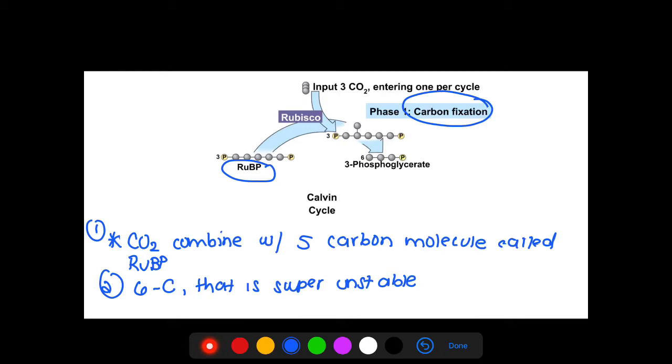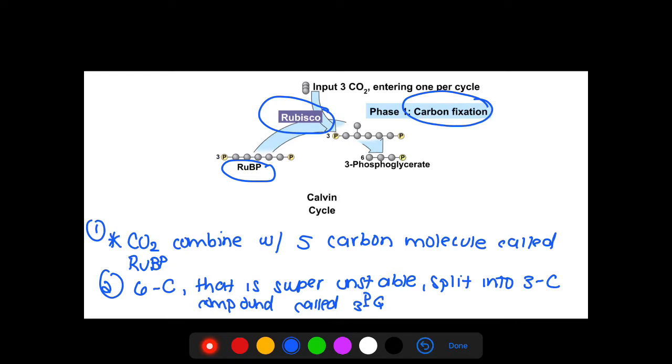And it's going to split into a 3 carbon compound called 3-PGA. And this reaction is going to be catalyzed by an enzyme called Rubisco. So the 6 carbon compound that is super unstable will split into a 3 carbon compound called 3-PGA.